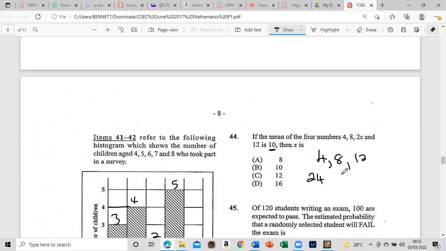And the total must be 40. So it will be 40 subtract 24, which is 16, right? There's a 2x, and they want us to find x. So 2x is equal to 16. So that means we divide by 2, so that would leave us with 8.